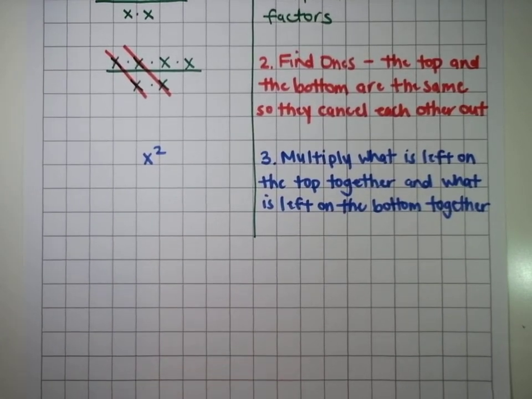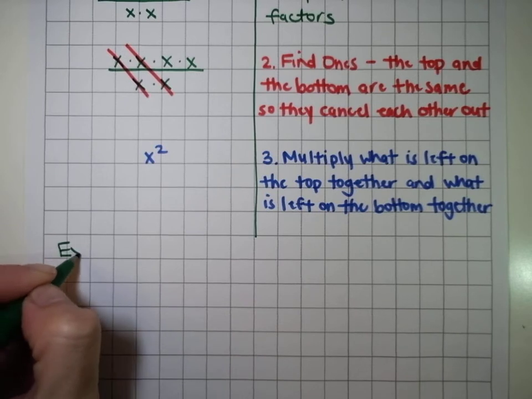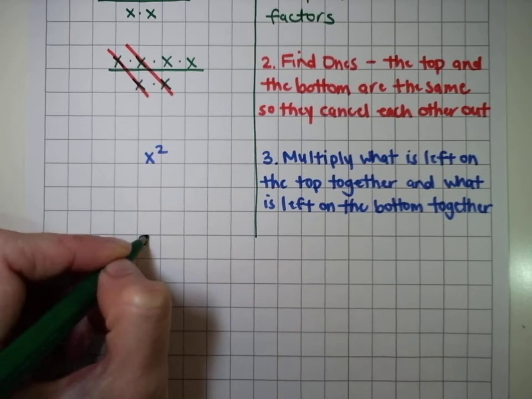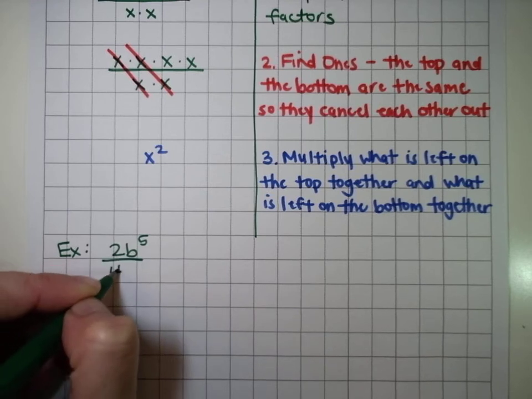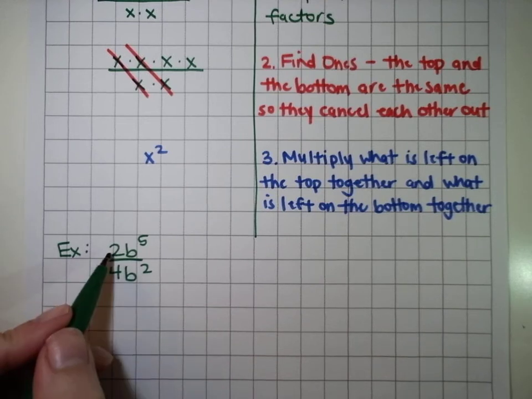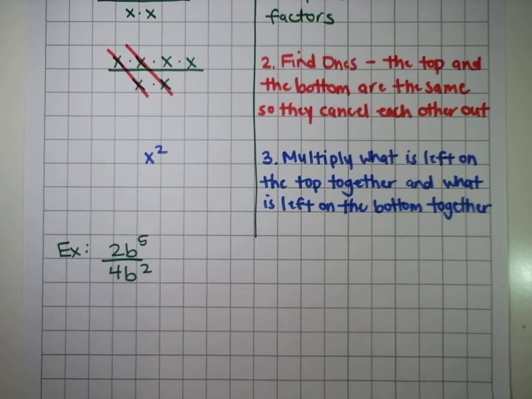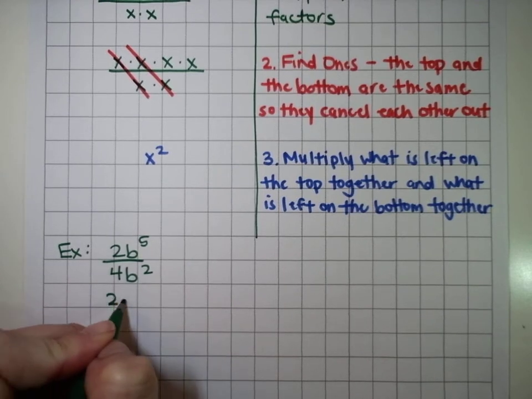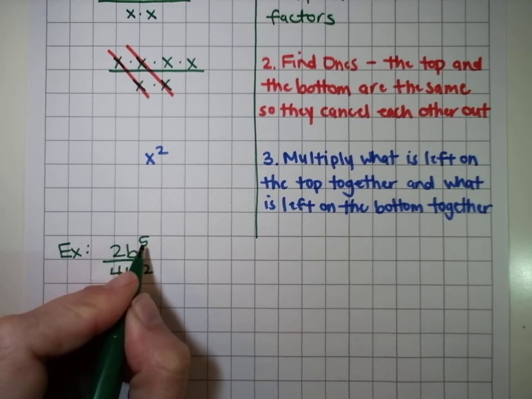Let's do another example. 2b to the fifth divided by 4b squared. So when we're dividing, we need to expand completely. So we're going to be expanding the 2 and the 4 as much as possible as well. So we get 2 times b to the fifth power.